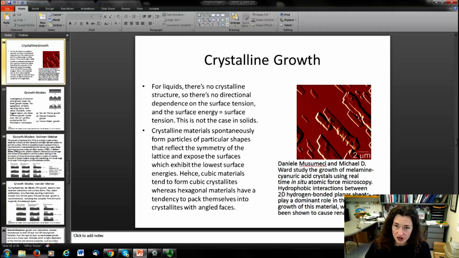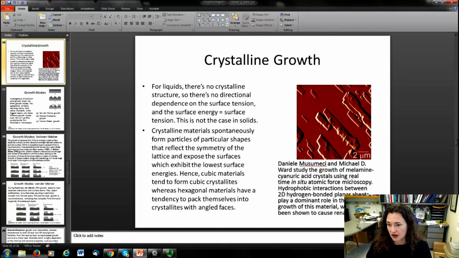Because remember, as we discussed, you could have different crystalline faces in a solid material, and because of the way those things are packed, their different crystalline faces are going to have different surface energies. So cubic materials, for example, form cubic crystallites, whereas hexagonal materials have a tendency to pack themselves into crystallites with angled faces.